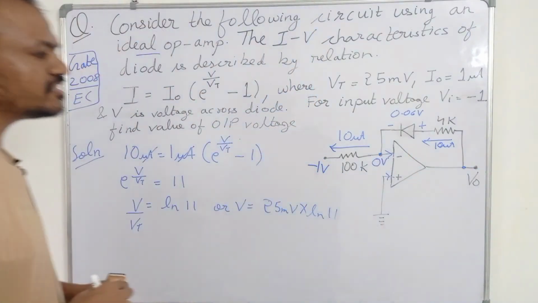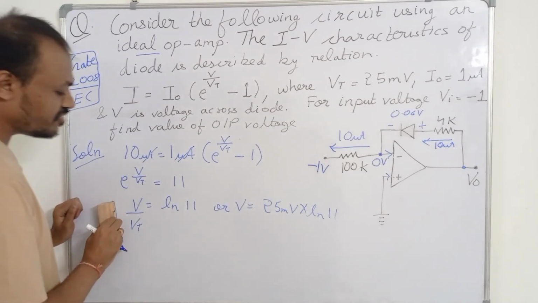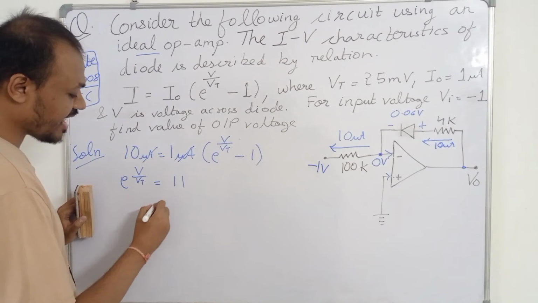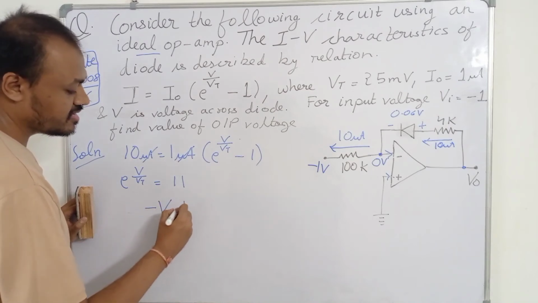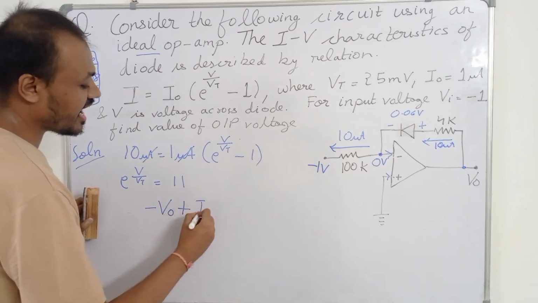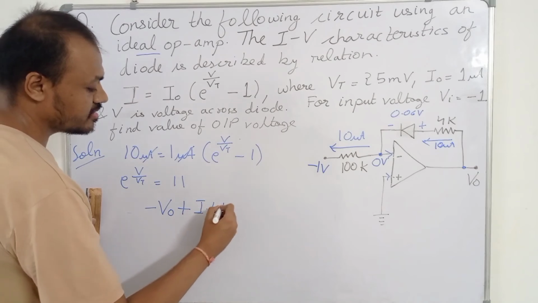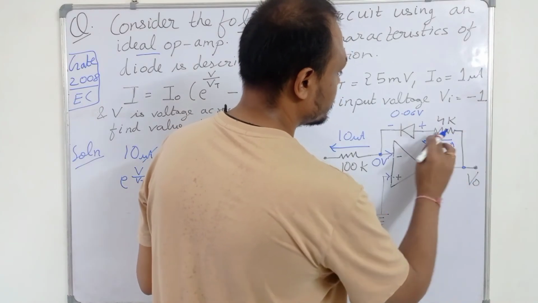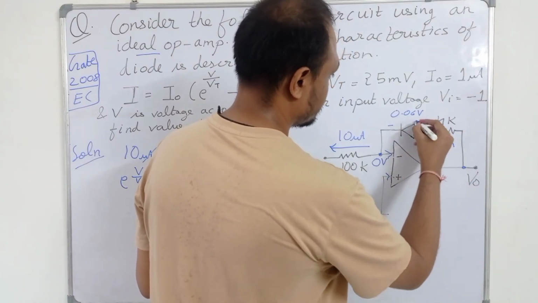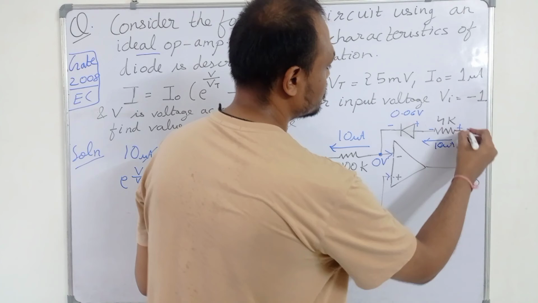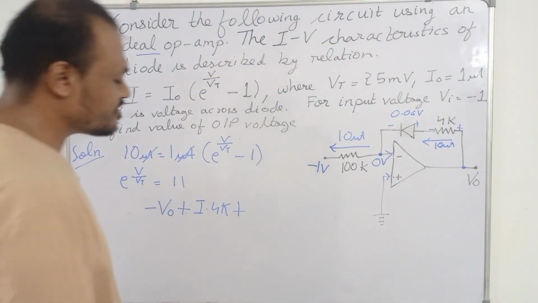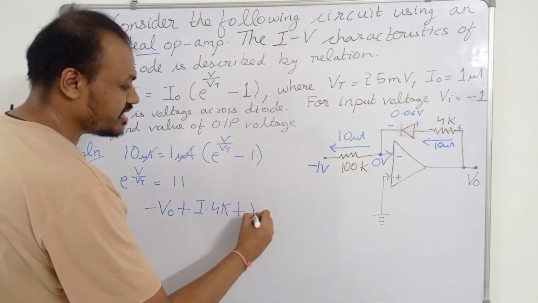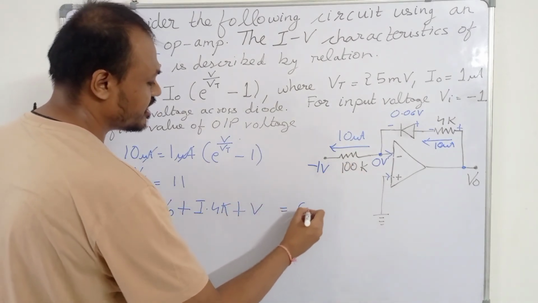So we get minus V naught plus I into 4k, plus the diode voltage V, and this is already 0 volt, so equal to 0. This is negative positive, this is also negative positive.